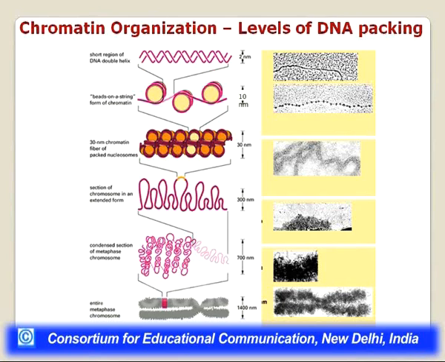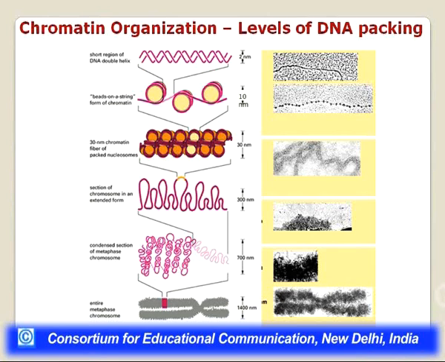Then this nucleosomal string, the beads on the string, is swirled around itself, and that gives rise to the 30 nanometer chromatin fiber of the packed nucleosomes. Further up, these packed nucleosomes are then thrown into loops, giving rise to a 300 nanometer structure.